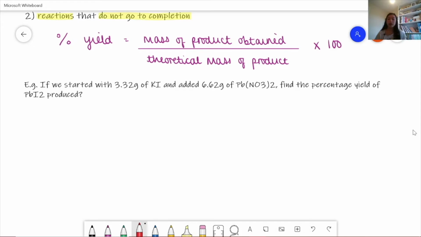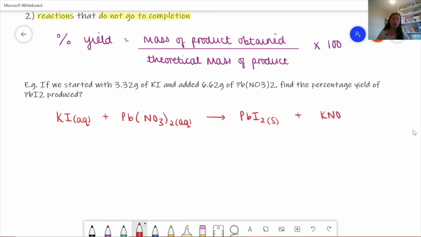So we have potassium iodide, and we're adding this. This should be aqueous, so dissolved in water or solution, and we're adding it with lead nitrate, and this will also be aqueous, and this will go to form our lead iodide, which will now be a solid, and then we also get potassium nitrate, and this will be aqueous.